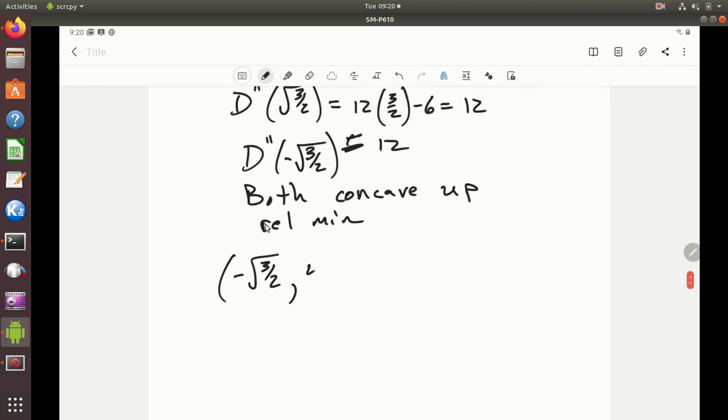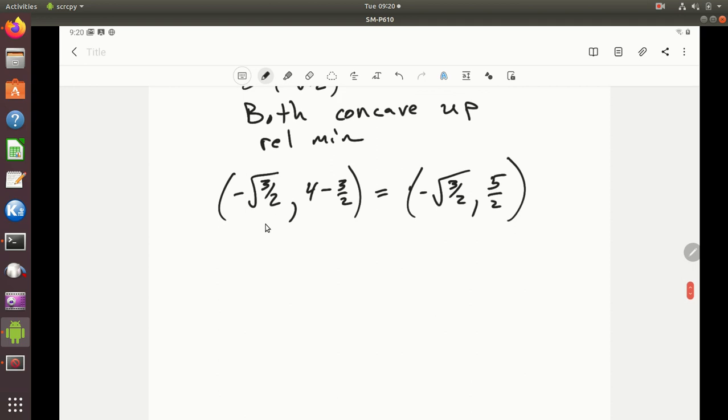So this is 4. Now when I square it, the negative doesn't matter, so I'll get 4 minus 3 halves, which is equal to the point negative square root of 3 halves, and 8 halves minus 3 halves, 5 halves.